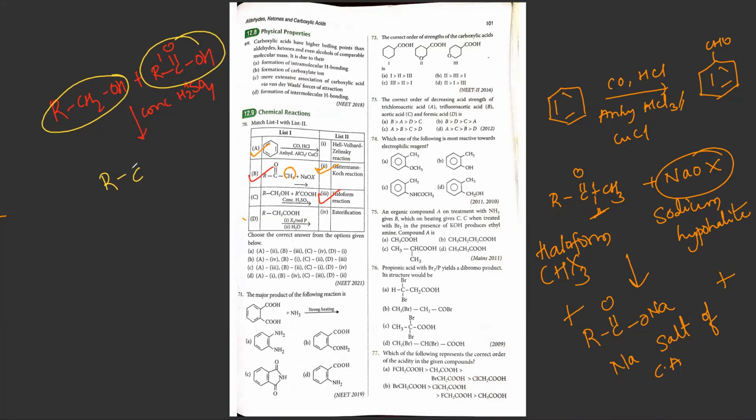What type of linkage is there in an ester? R, C double bond O, O, R dash. Ester will be like this. This is the ester linkage.